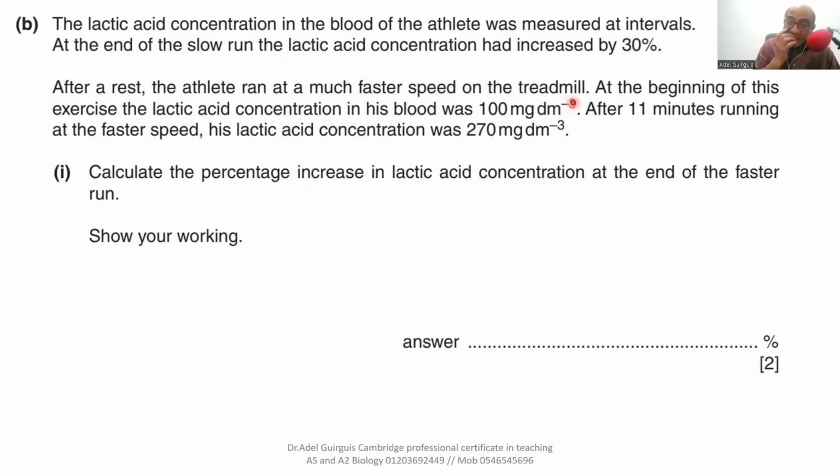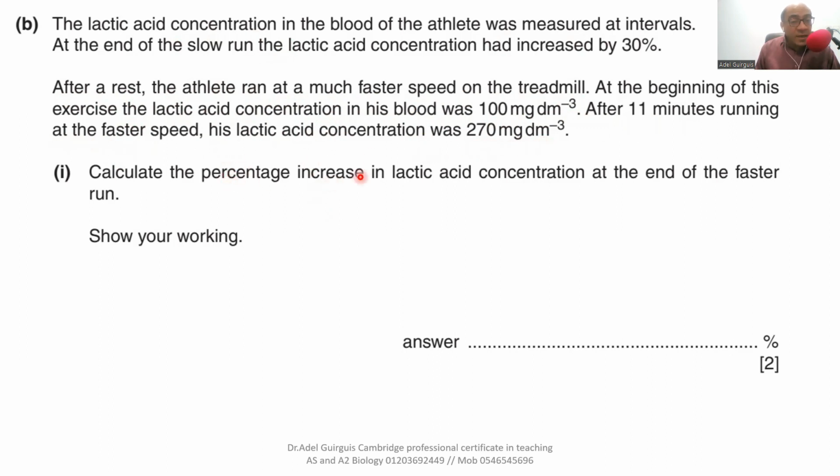This is the actual race. At the beginning of this exercise, the lactic acid concentration in his blood was 100 milligram per liter. After 11 minutes running at the faster speed, a sprint, his lactic acid concentration was 700 milligram per liter.